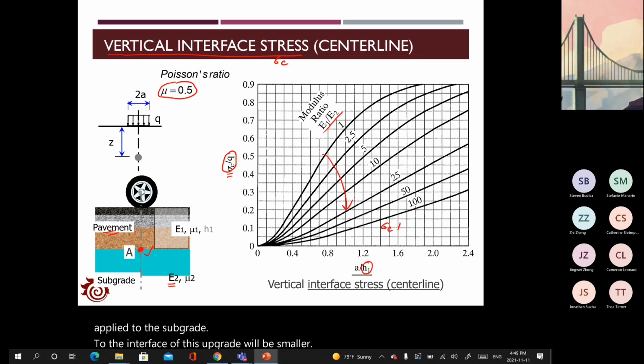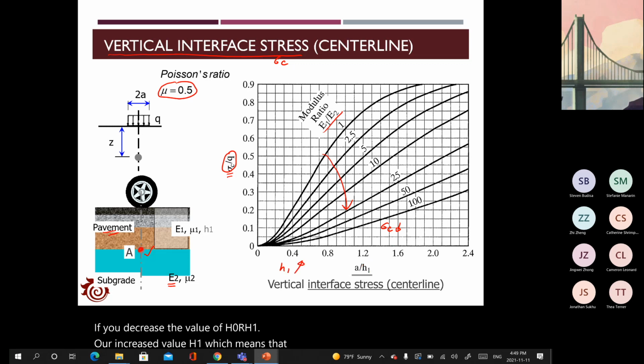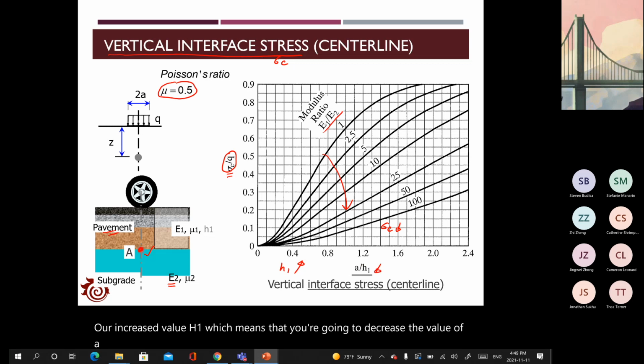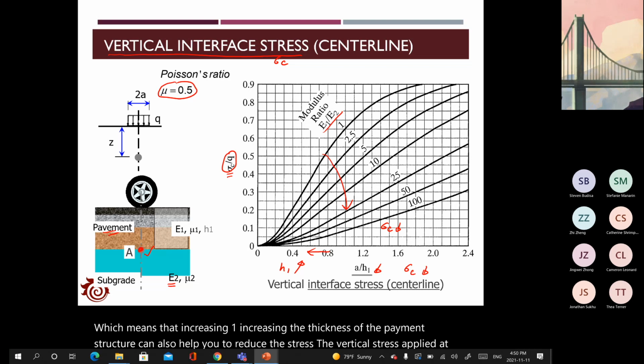But if you increase the value of H1, which means that you're going to decrease the value of A divided by H1, you can still observe the reduction of the value of sigma c, which means that increasing the thickness of the pavement structure can also help you to reduce the vertical stress applied at the interface of the subgrade layer.